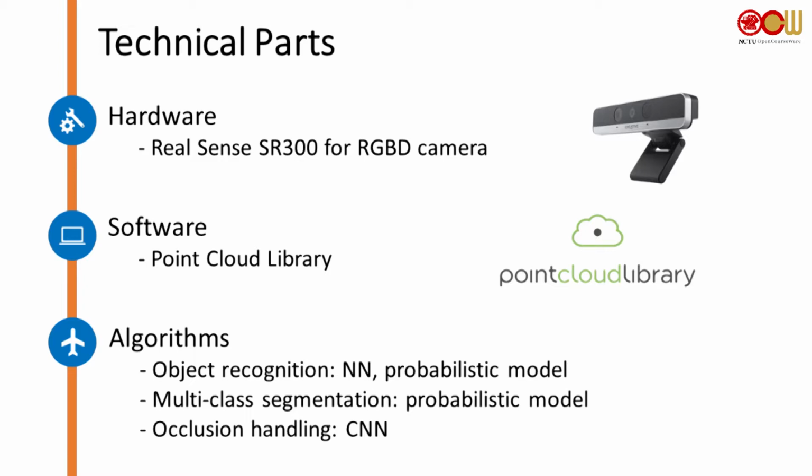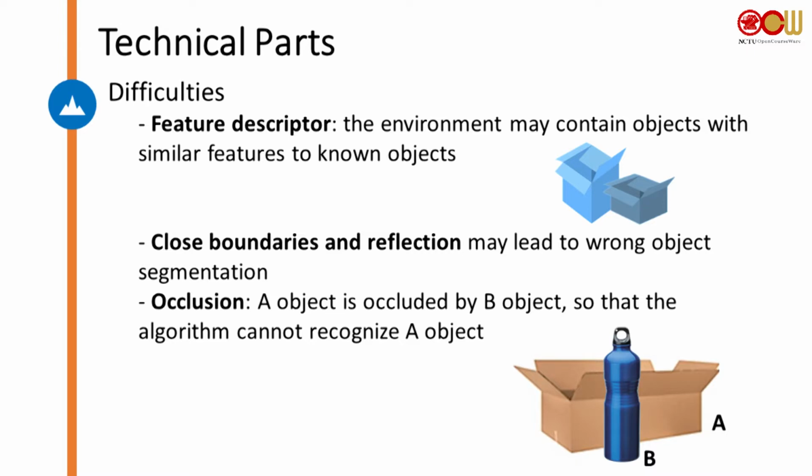For object recognition, we will train a neural network and/or do it by a probabilistic model. In multi-class segmentation, we will propose a probabilistic model, and for occlusion handling, we will train a convolutional neural network.